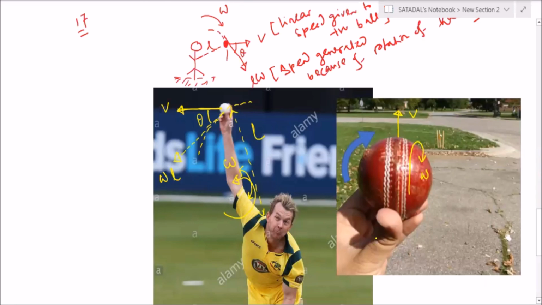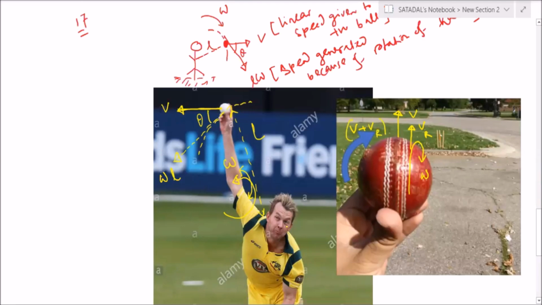That is omega. Correct? Because of this twisting also, the ball gets a linear speed in that direction, that is velocity produced due to rotation. So as a net result, what is the net velocity that the ball will have in the forward direction? V plus VR. Is that clear?